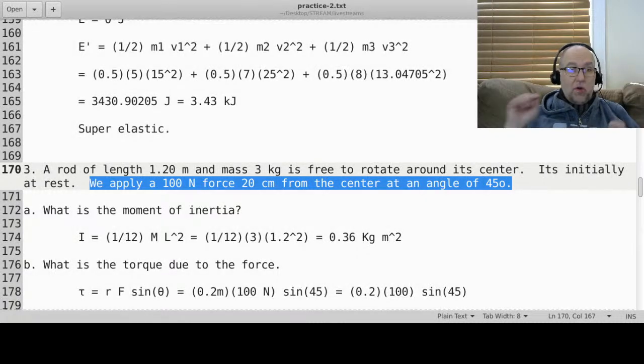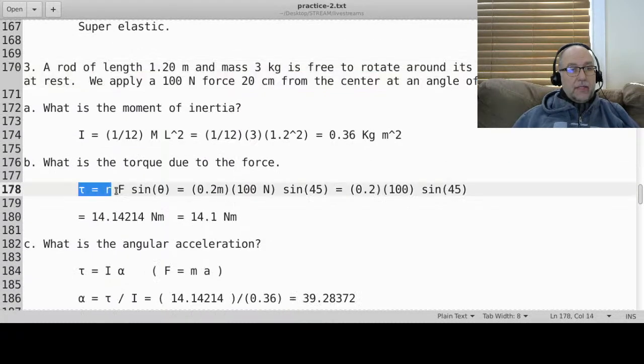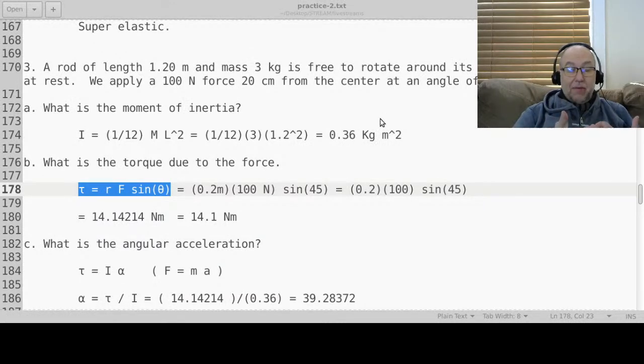Because the formula that relates torque and force is this one right here: tau is equal to r F sine theta. And so that information gives you enough to calculate the torque.